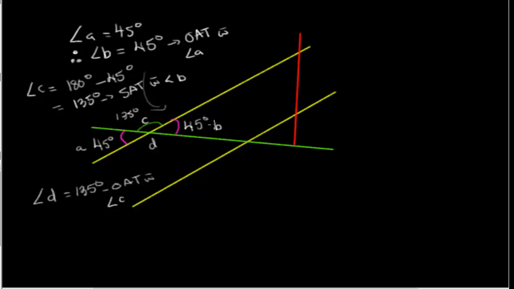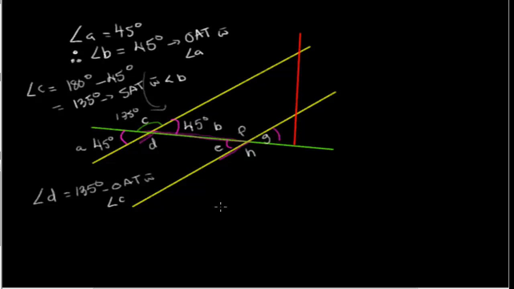Now, we've got A, B, C, and D here, and we have E, F, G, H. We can figure out these ones too. We should be able to figure out that these two are equal, because if we look at A and E, they make the F pattern. We can see the F pattern, and that is corresponding.